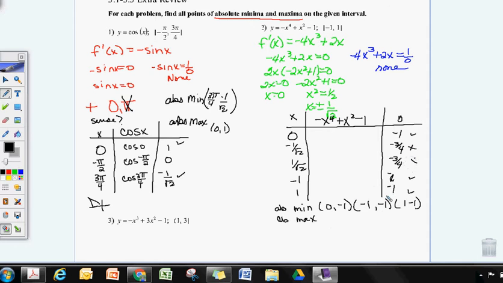Those two there. So I have to have both 1 over root 2 and negative 3/4, and negative 1 over root 2 and negative 3/4. Sorry about the scribbles on that one.